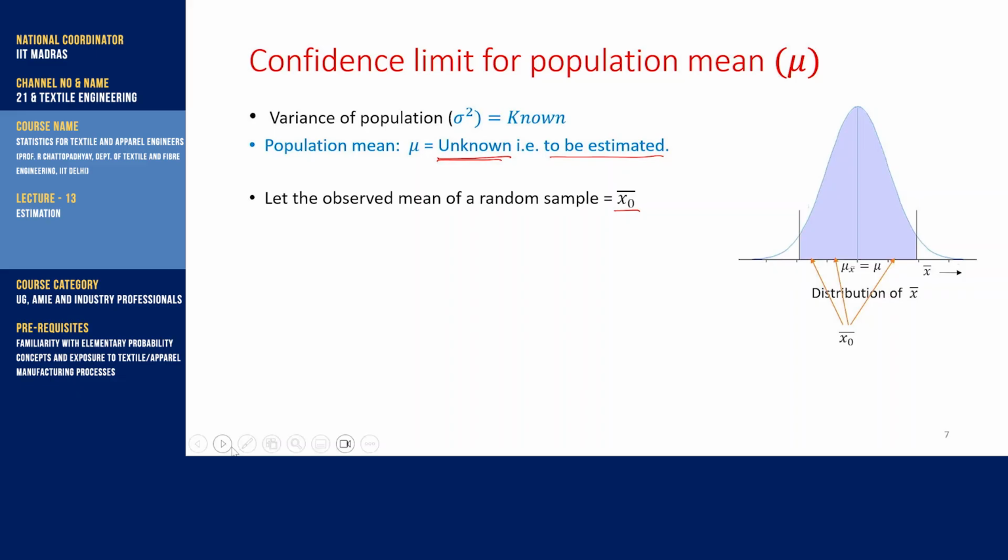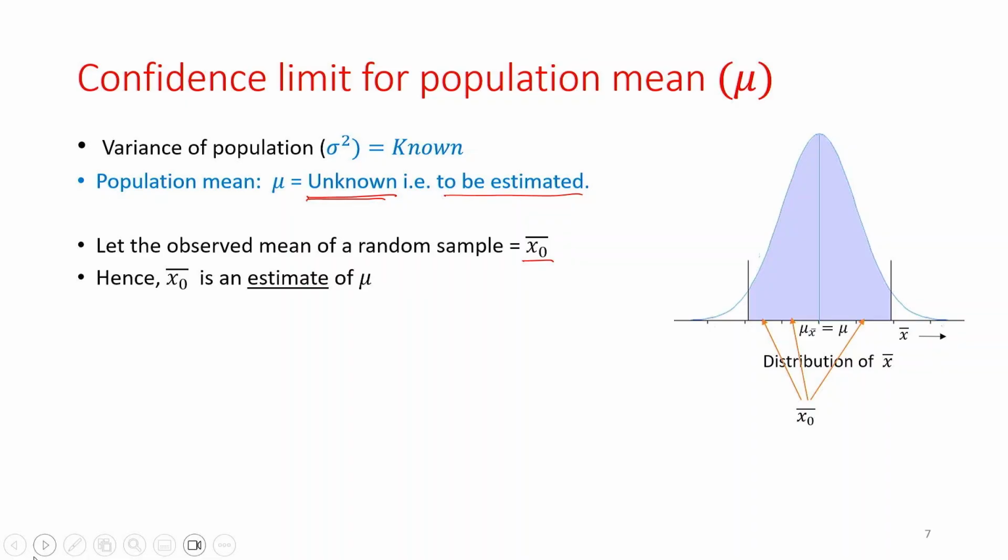Whenever there is a bar on x, you should read it as the mean value of x. So we can say that x̄₀ is an estimate of μ. We have already seen it. It is an estimate of μ. But this is not μ.